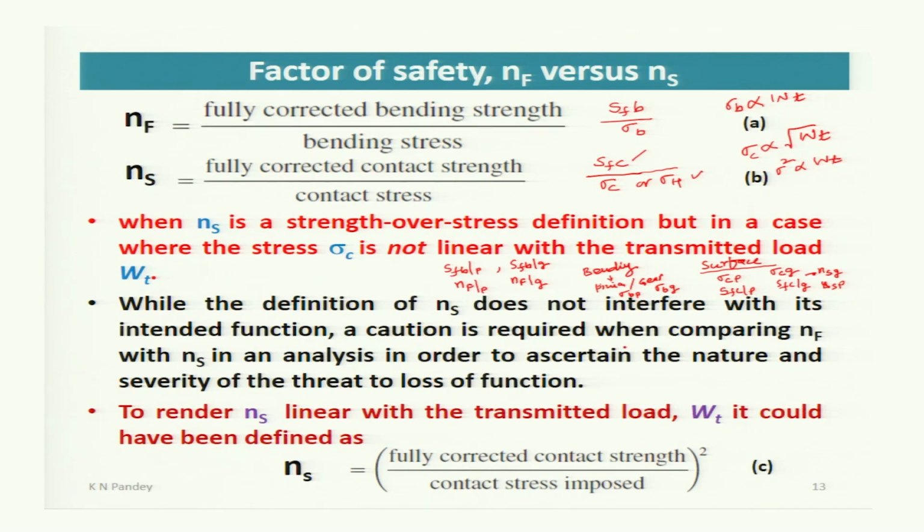So what we do is, to render NS linear with the transmitted load WT, it could have been defined as NS equal to the fully corrected contact strength divided by the contact stress imposed, squared. So the NF corrected value is this one, and this should not be used. So the values of NSG and NSP will be determined from this formula.